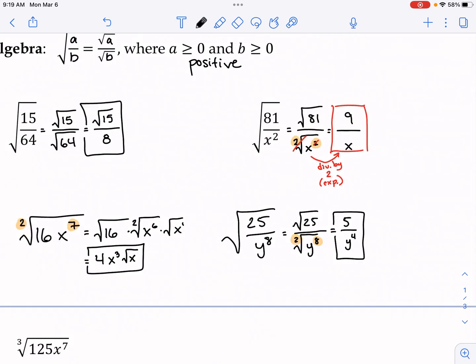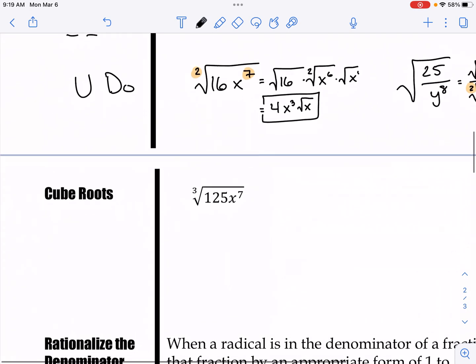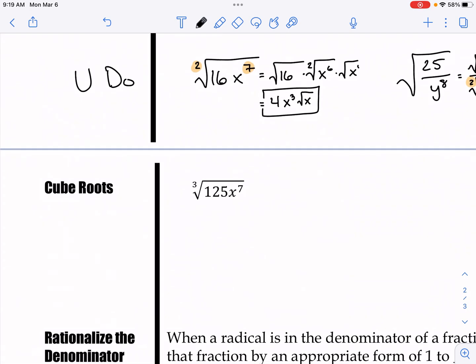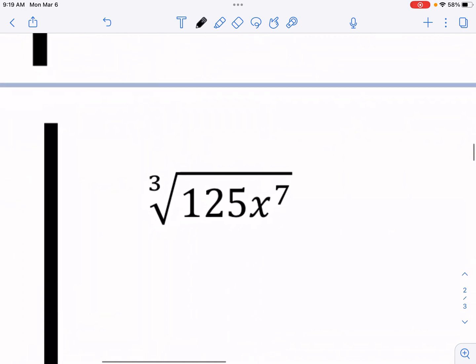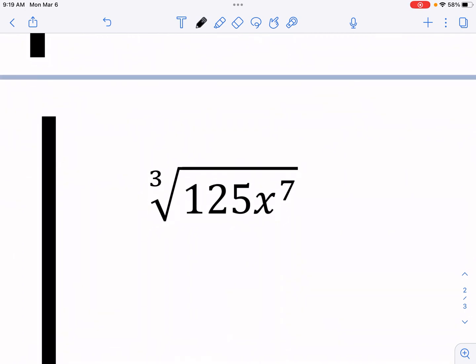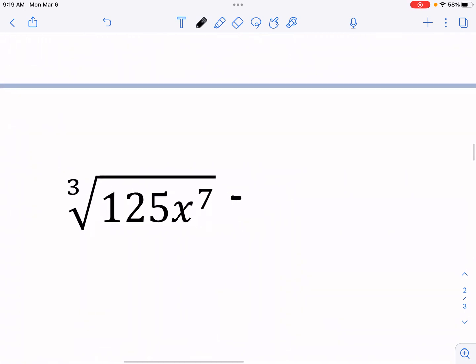Okay, let's move this over to the back side. We'll get to another example here. But this is for cube roots, so we got to be careful. So we do have an index here. The index is 3. So we do want to separate this, though, into the different parts. So we're going to put a cube root of, we'll put a long radical.